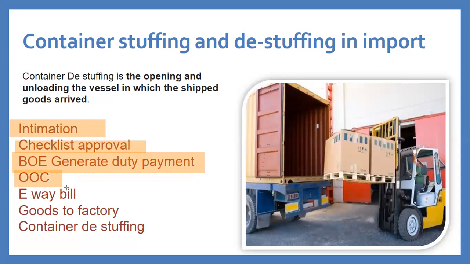Now the next activity starts: e-way bill generation. The e-way bill is generated by the transporter and the plant, so there are two parts in the e-way bill. The first part is generated by the transporter.